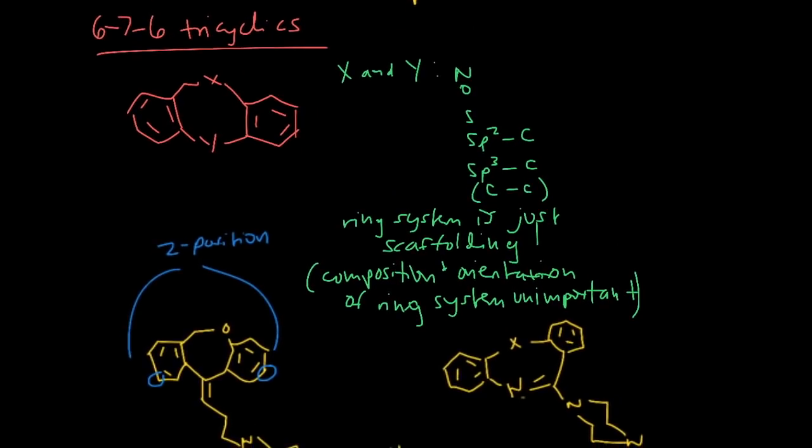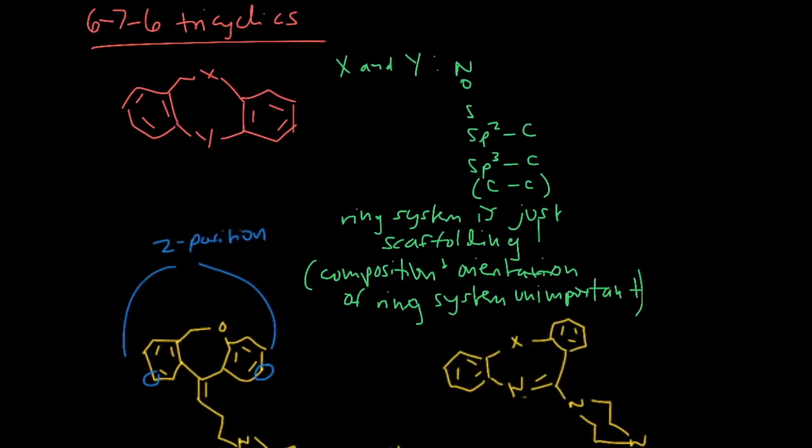So the next class of drugs we're going to talk about are your 676 tricyclics. They're termed 676 tricyclics because you have a 6-membered ring, a 7-membered ring, and a 6-membered ring. X and Y can be nitrogen, oxygen, sulfur, an sp2 hybridized carbon, or an sp3 hybridized carbon. Basically, C single bonded to anything, especially a carbon.